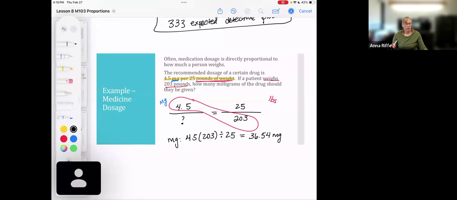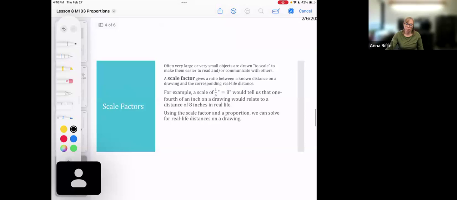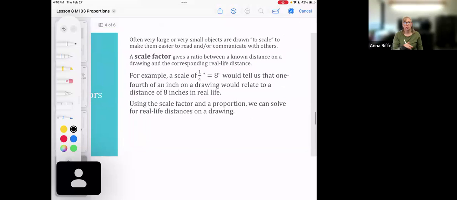One kind of nice application of proportions is that of scale factors. If you've seen a CAD drawing or a blueprint or a model, then it's common that you'll have a scale factor written on there.